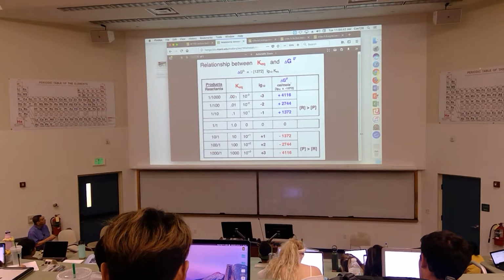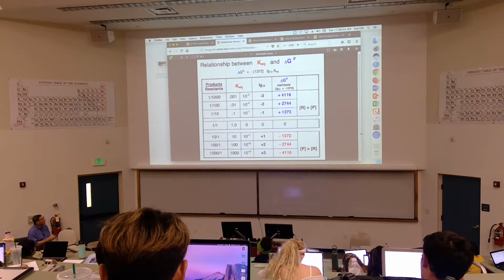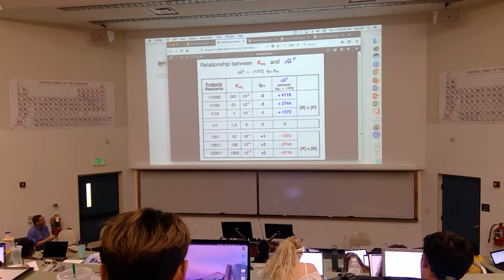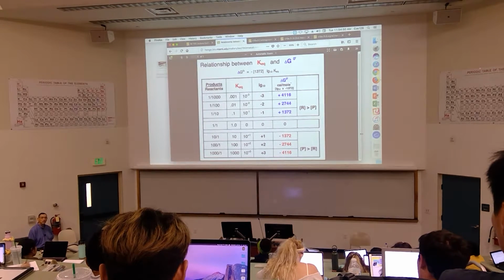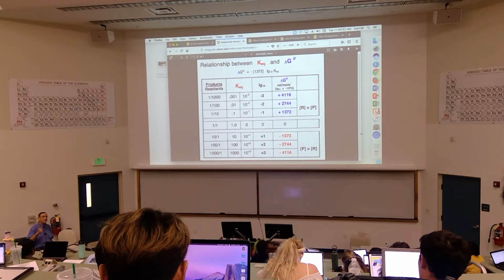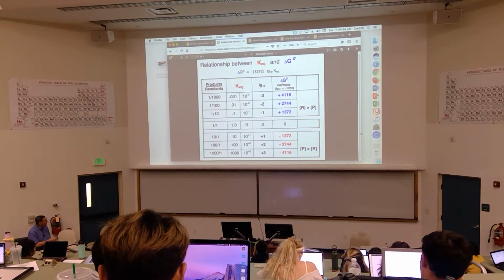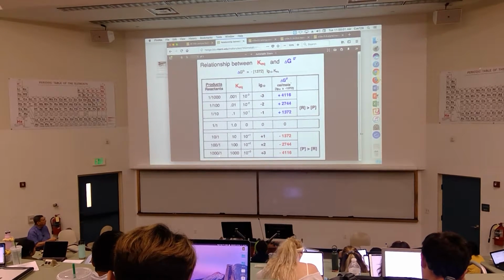So, if I put it in the equation, log to the base 10 becomes minus 3 times minus 1372, so it becomes plus 4116. What does that mean? That's the amount of energy I would have to add to get the reactant to go to product in this circumstance. At the opposite end, I have a lot of product and very little reactant. Exact opposite.